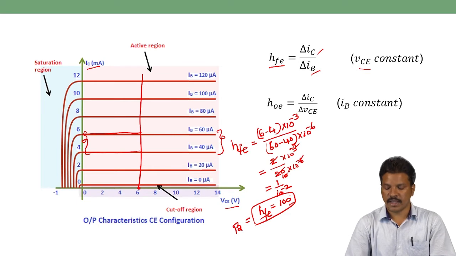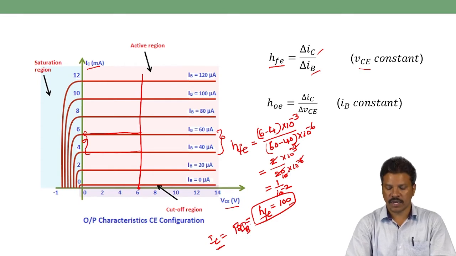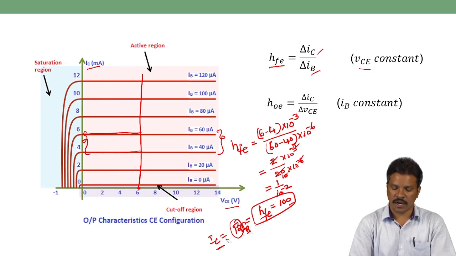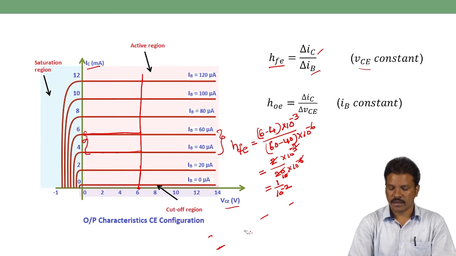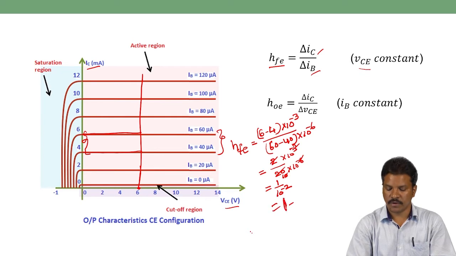The current gain HFE equal to 100 means IC is equal to beta times IB. When you multiply a microampere current by beta equal to 100, you will get milliampere current, the amplified current in the amplifier circuit. So here beta, HFE, is equal to 100.